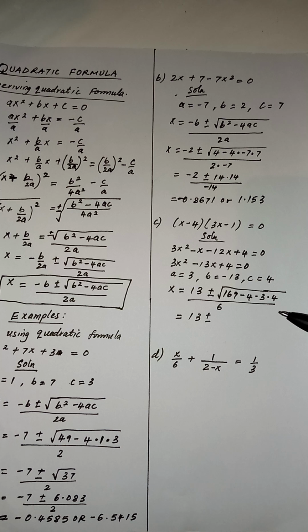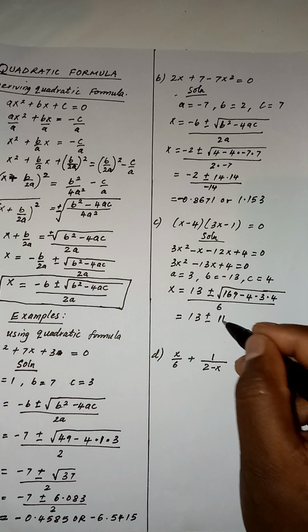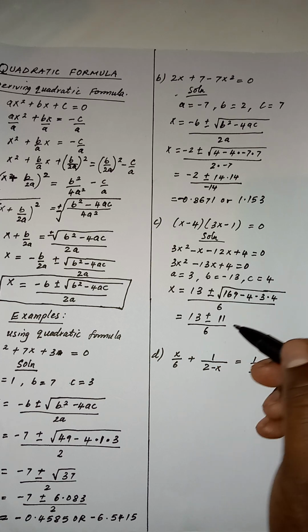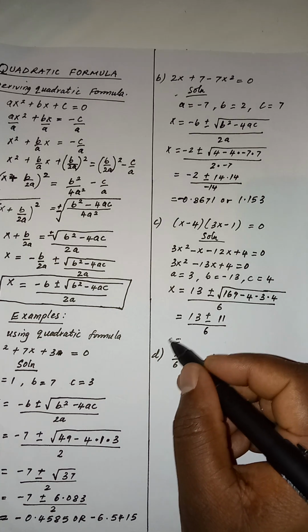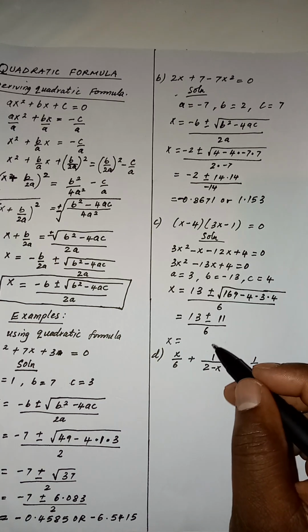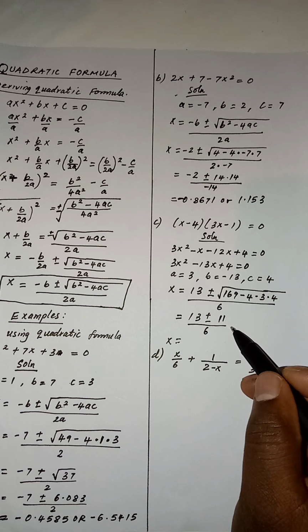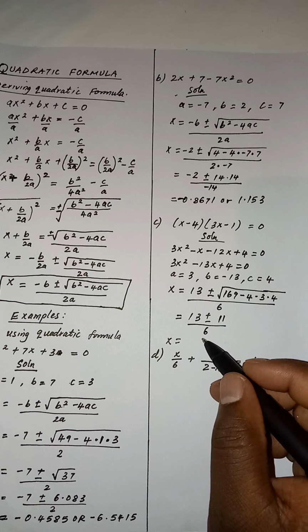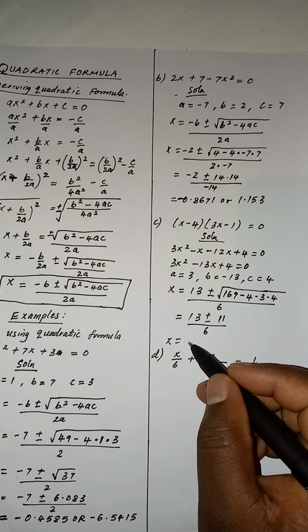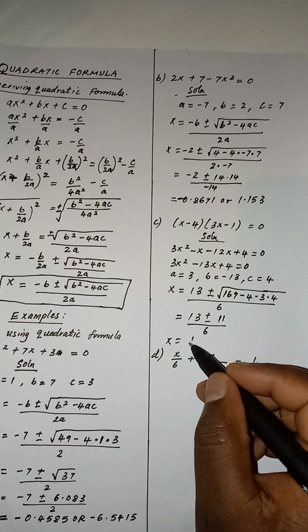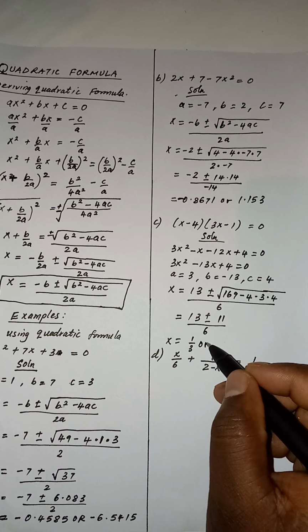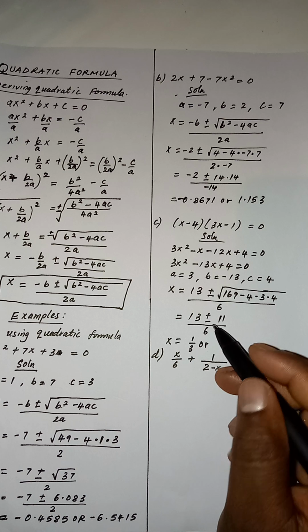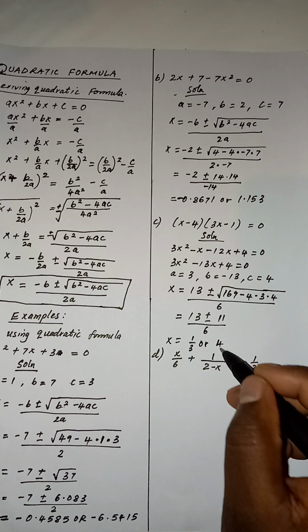The square root will give us 11, so 11 over 6. So the value of x will therefore be equal to 13 minus 11 divided by 6, which will give us 1 over 3, or 13 plus 11 divided by 6, which will give us 4.